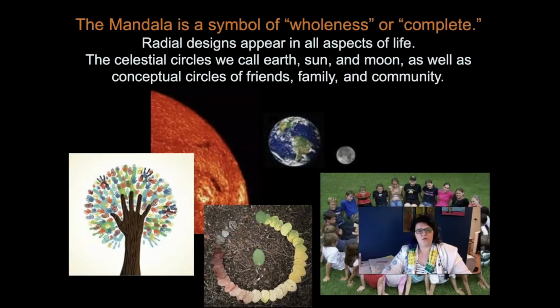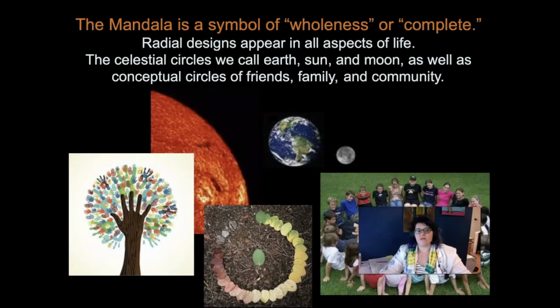So here we have a few examples of how the word doesn't just mean circle, it's a symbol of wholeness or completeness. You can think of radial designs in many aspects of life. We have the whole solar system, a planet.